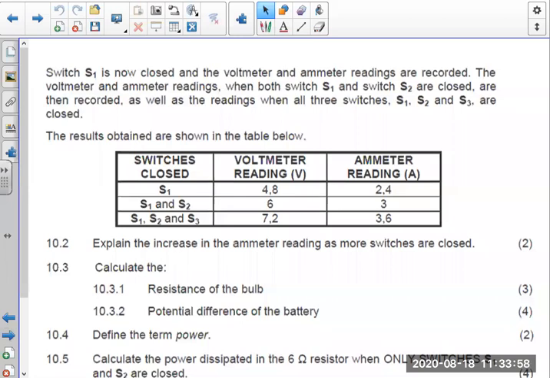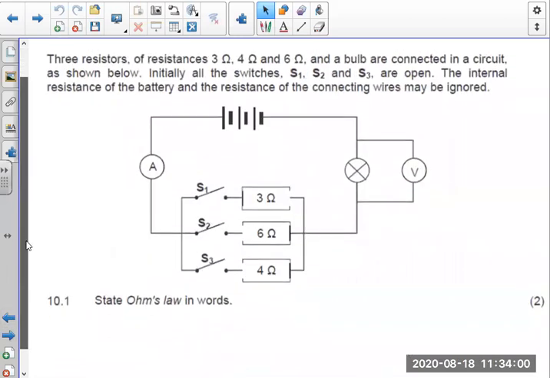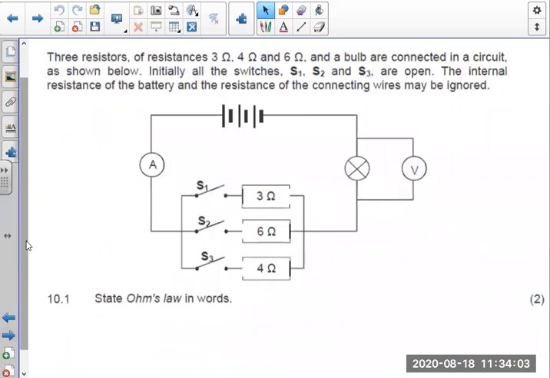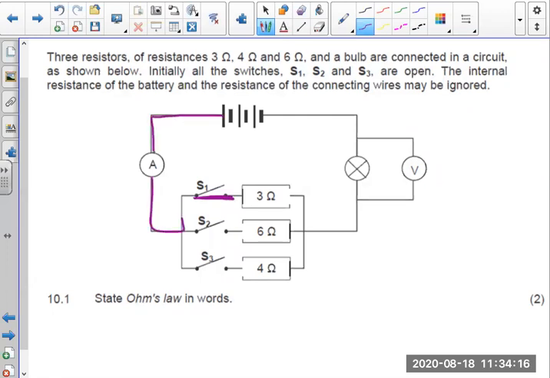What we need to remember is, when we look at this picture, if no switch is closed, there's no current flowing. If they close just S1, then the total current goes through there. So what is the total resistance if only S1 is closed? The resistance is that of the light bulb as well as the 3 ohm.